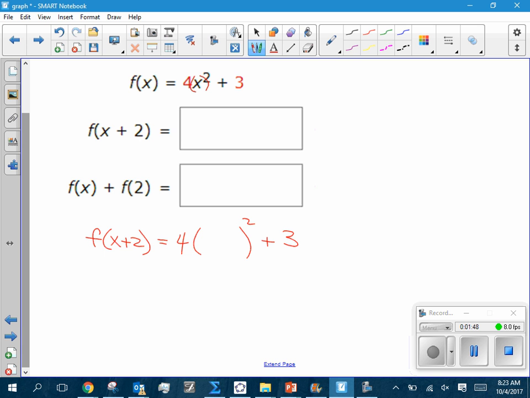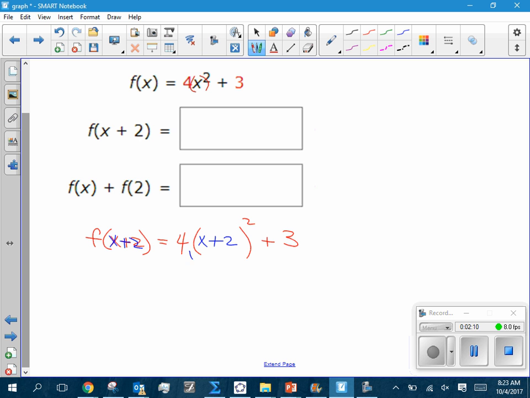And I block that region off for a second, and I know I've got to put something in there, and now I'm going to put that x plus 2 in there. Okay. And what that tells me then is you have x plus 2, the quantity squared, times 4 plus 3.